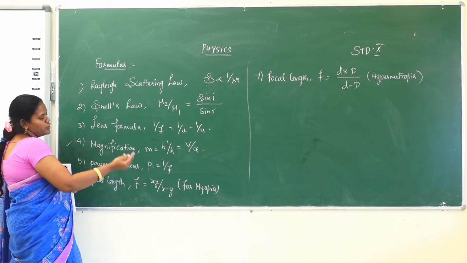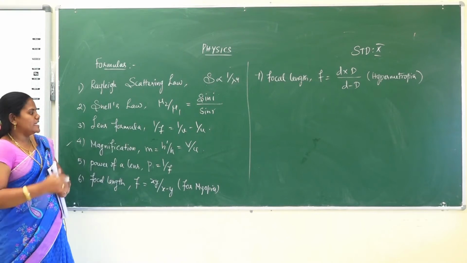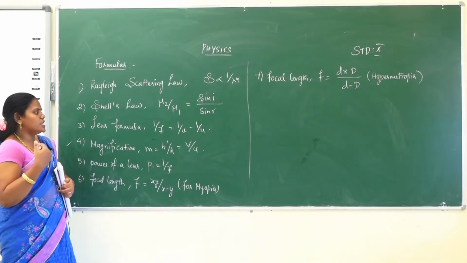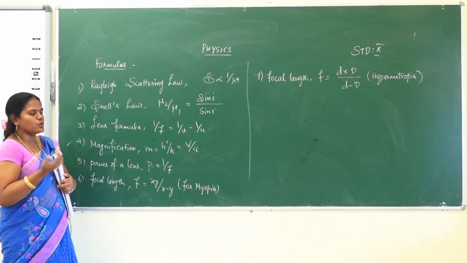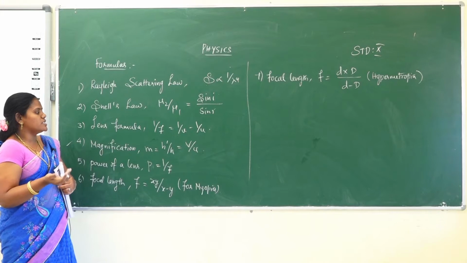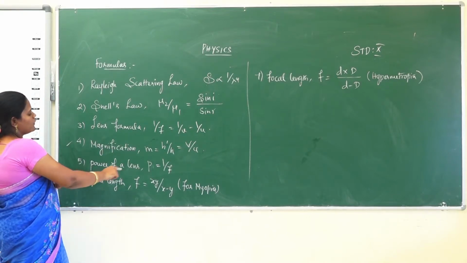And then v by u. What is the meaning of v by u? That is the ratio of image distance to object distance. So it is the ratio of height of the image to height of the object, and the ratio of image distance to object distance. Okay.